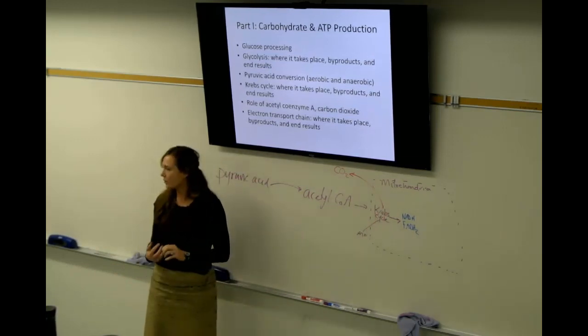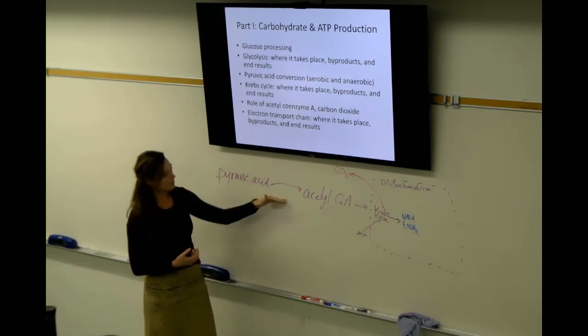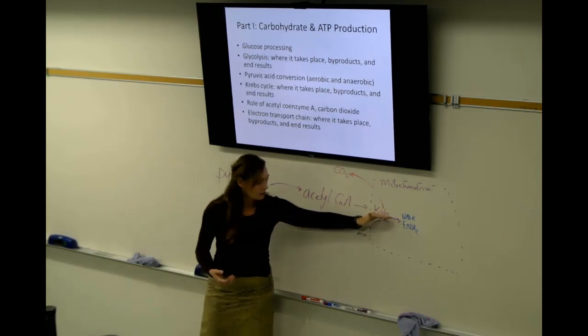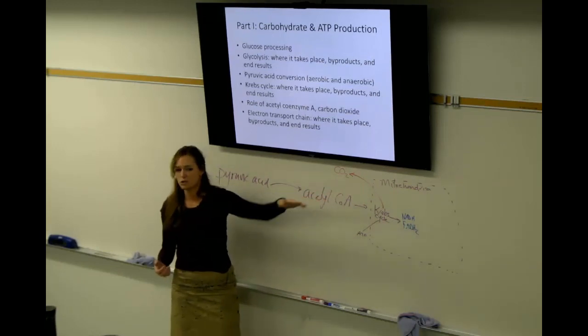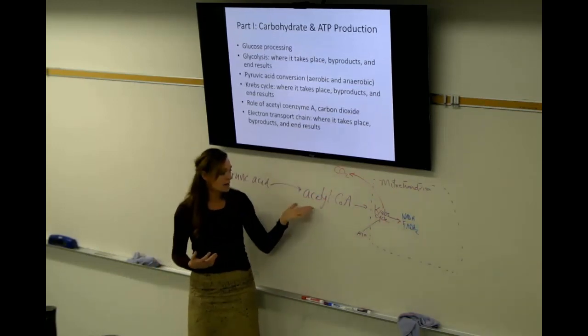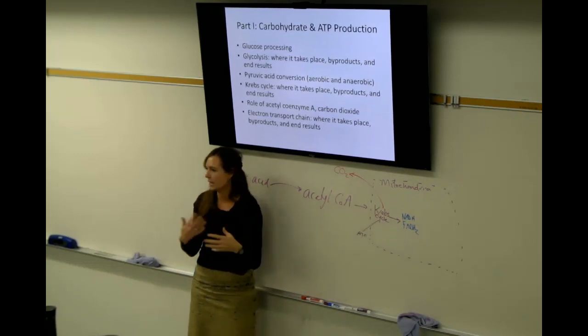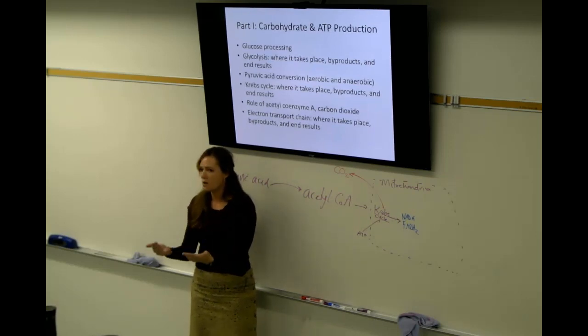During high-demand conditions, we make a bunch of pyruvic acid, turn it into acetyl-CoA, and run it through the Krebs cycle, and we use oxygen later through the electron transport chain. This is still going, but with more acetyl-CoA shoved in, it can't handle any more. It's just using it and burning it as quickly as it can. But our body needs even more energy.